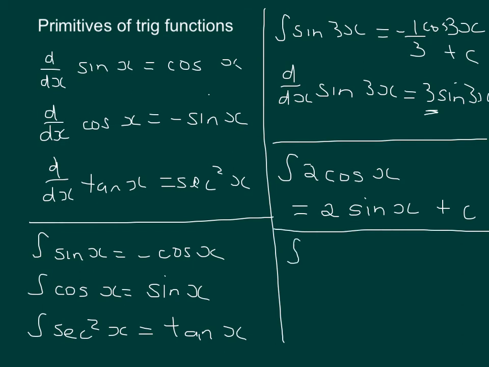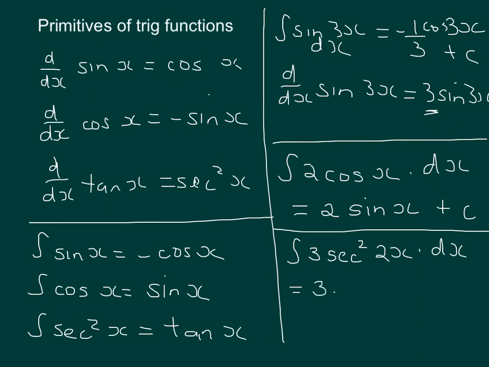Alright, what about the integral of 3 sec squared 2x dx? Okay, so let's take it apart. The 3 just stays there. We can fix it up later, just write what we've got now.